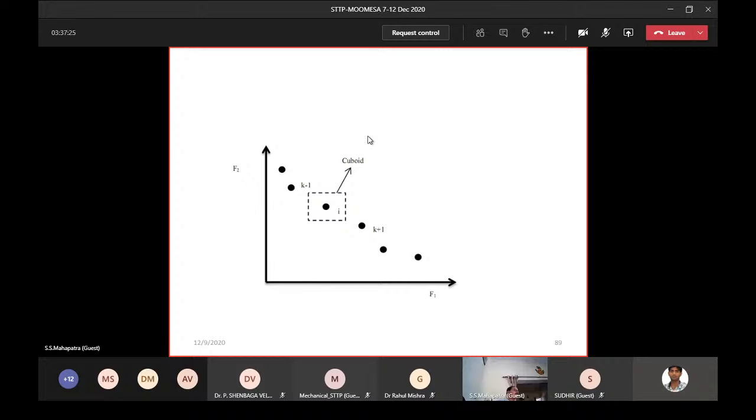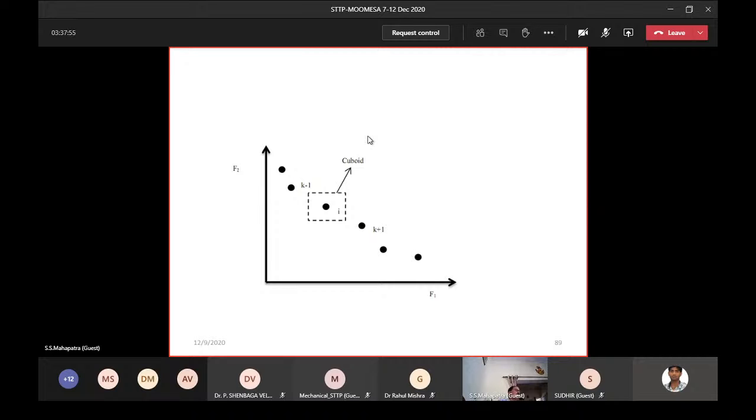All the algorithms adopt a similar approach, whether it is genetic algorithm or TLBO or whatever. Whatever solutions we find, you check them, find the non-dominated solutions and put them in the external archive. From the external archive, you bring them for the necessary changes.